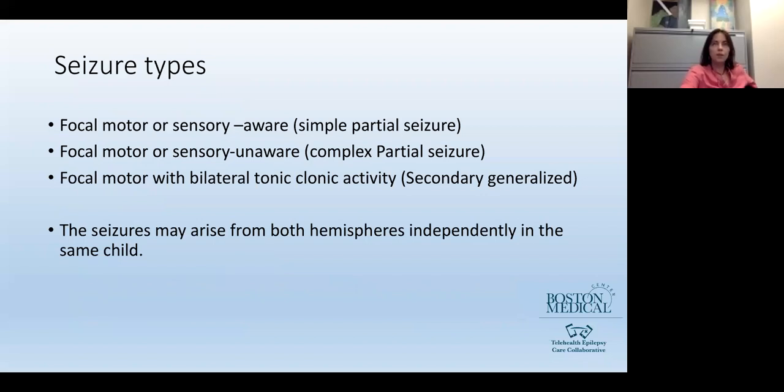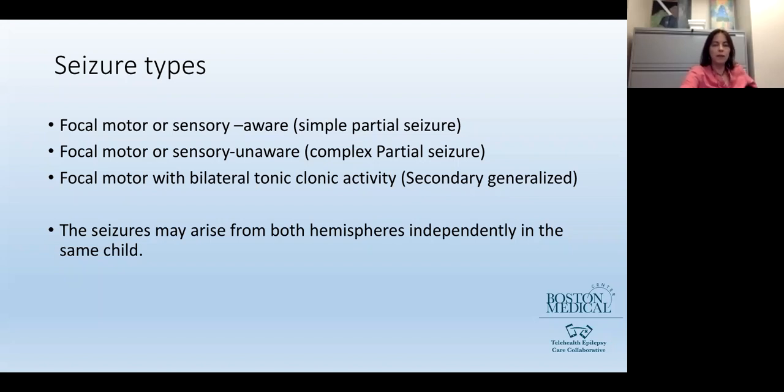The seizure types that are most commonly seen in benign Rolandic epilepsy is what we used to call simple partial seizures, and we call nowadays focal motor or sensory seizures aware, which means the child does not lose consciousness during the seizures. The other that are a little bit less common, but we can see are the complex partial seizures, where it's again either motor or sensory, but the child is unaware, so there's some kind of change in awareness.